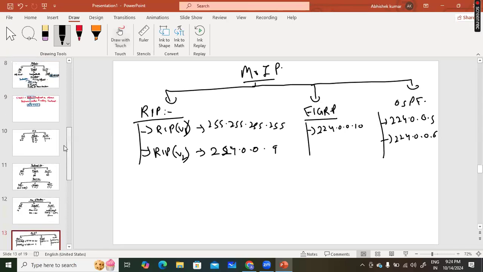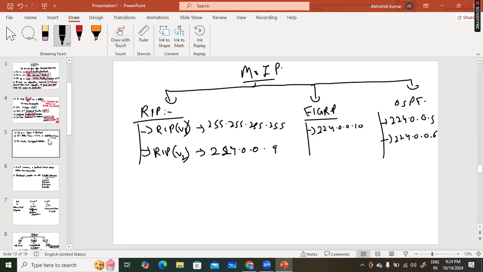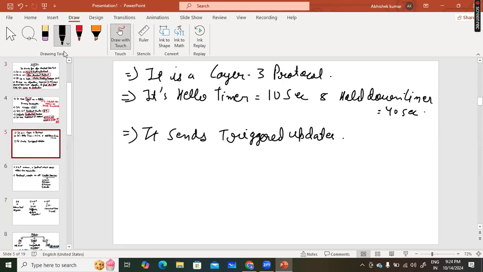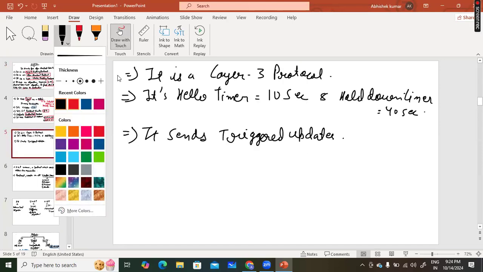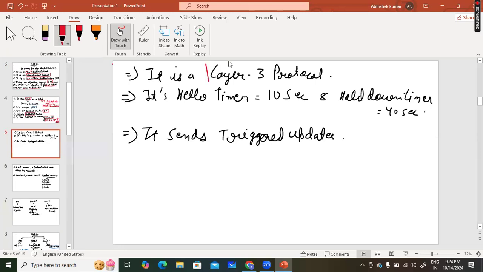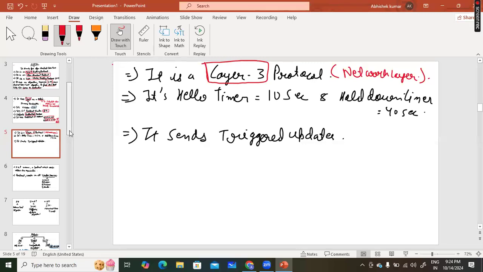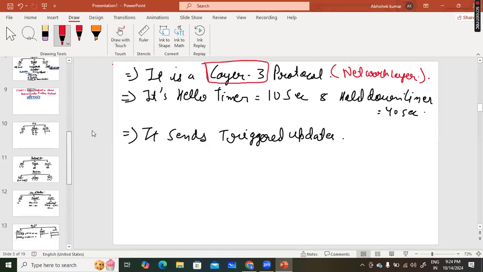The next point is that it is a layer 3 protocol. What is the name of layer 3? The network layer. So it's just simple.